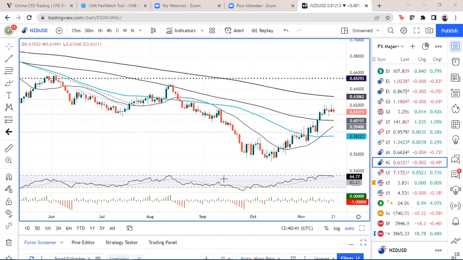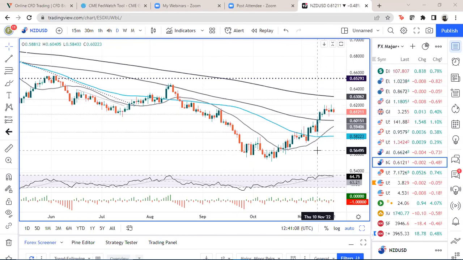Whether history repeats itself with the seasonality and stocks moving higher, we will see, and we'll try and cover that in the next few weeks. I don't want to dodge the question, but hopefully it's given you some scenarios to think about. Yes, just back to the Kiwi dollar then.